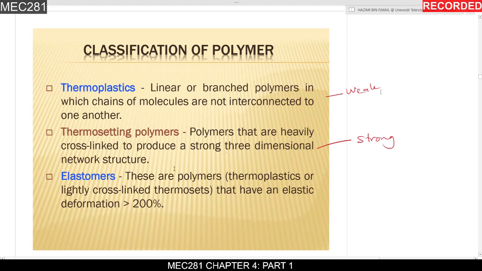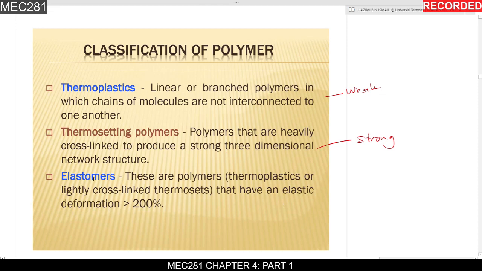And for the elastomers, these are thermoplastic, or lightly cross-linked thermosets that have an elastic deformation of more than 200%. So basically the elastomers are the thermoplastic here, or lightly cross-linked thermoset that have an elastic deformation.